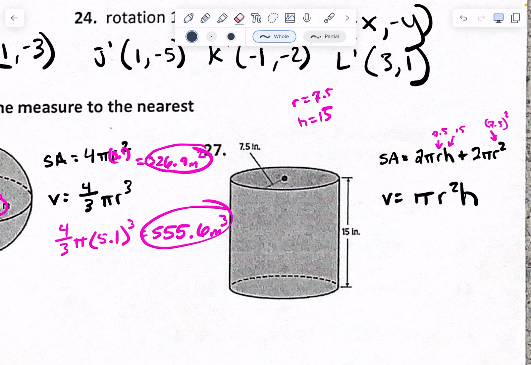Plus 2 pi times 7.5 squared. 1060.3? You did it wrong. 1060.3 inches squared.